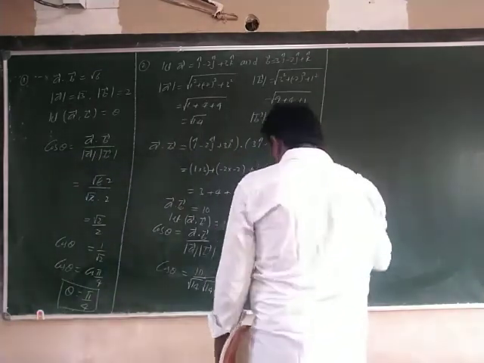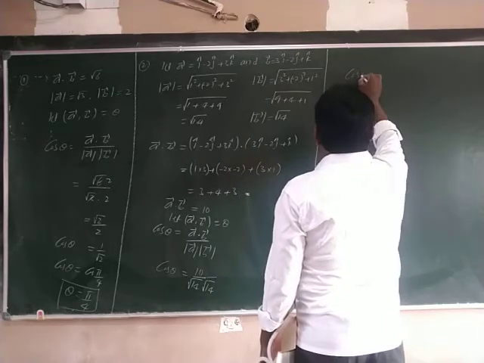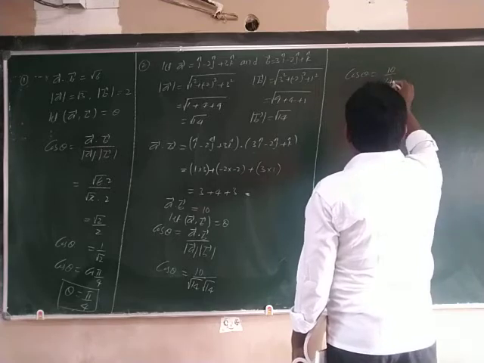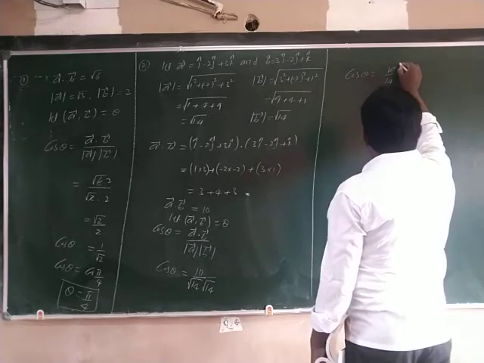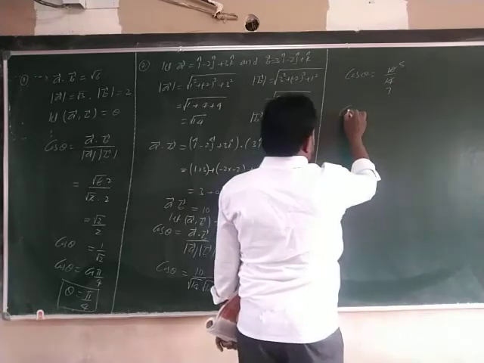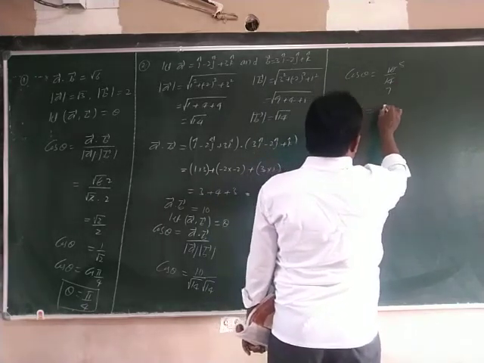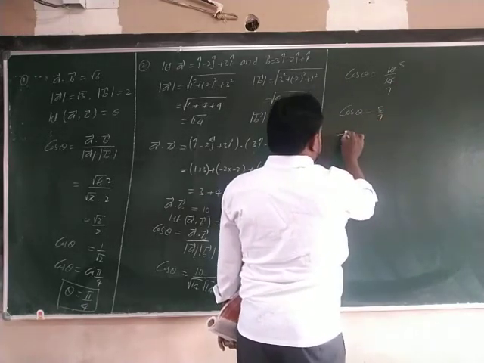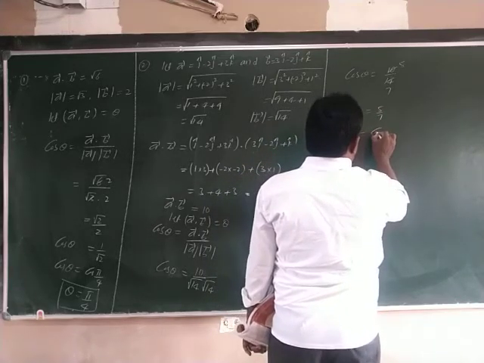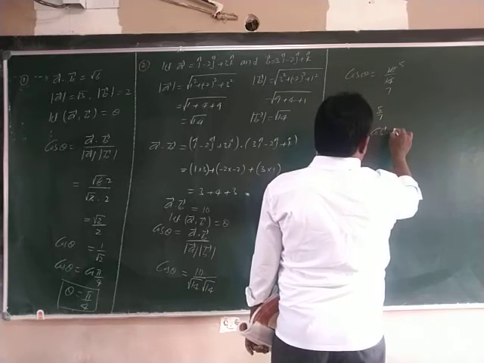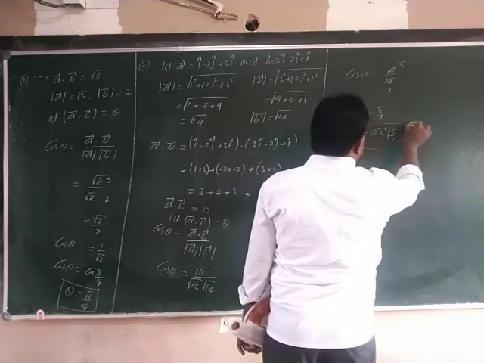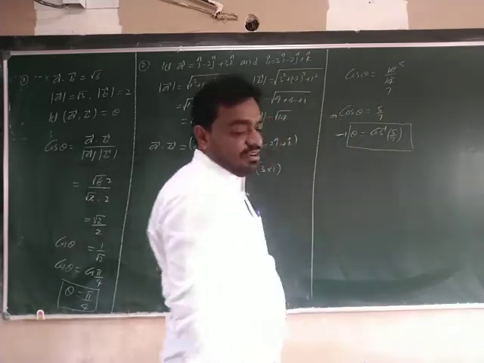So cos theta is equal to 10 by root 14 into root 14, which is 14. 5 twos are 10, 7 twos are 14. So cos theta is equal to 5 by 7. From this, theta is equal to cos inverse of 5 by 7. So this is the answer.